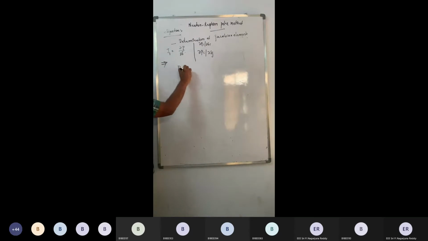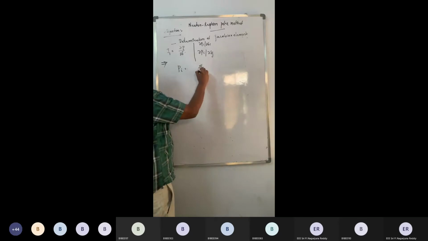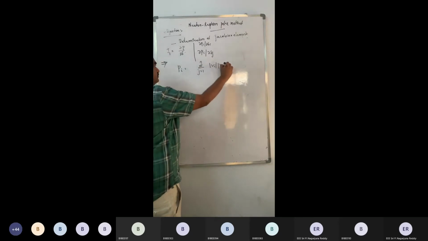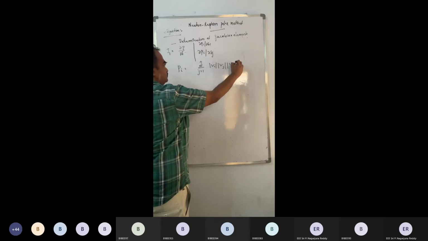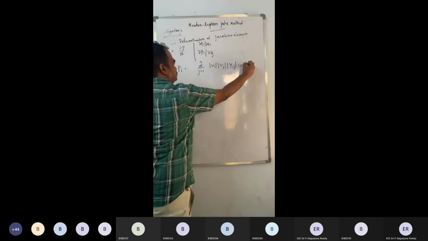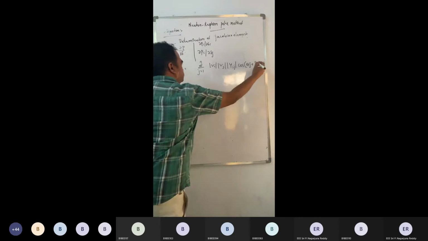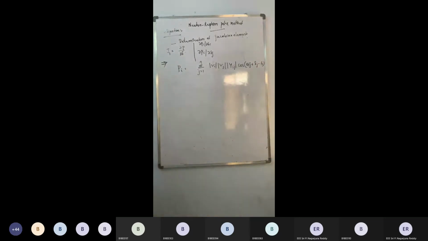But before that, I will write the expression for Pi. Power injected at the ith bus is given by this formula which I do have for power equation. I hope you do remember this equation.